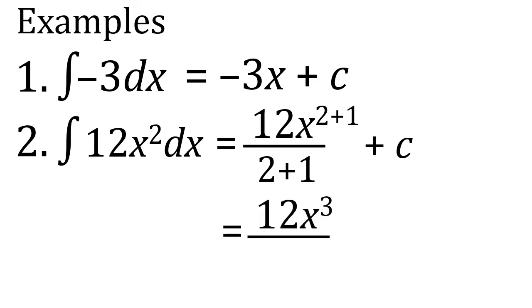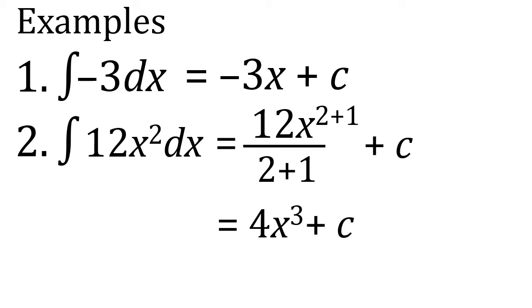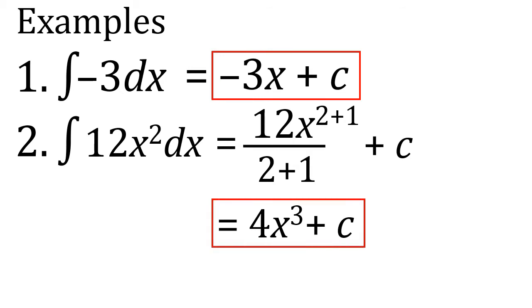That's why it will become 12x cubed over 3 plus c. Do not forget the constant of integration. 12x cubed over 3, we can simplify this. This can be expressed as 4x cubed plus c. So do not forget to box your final answer.